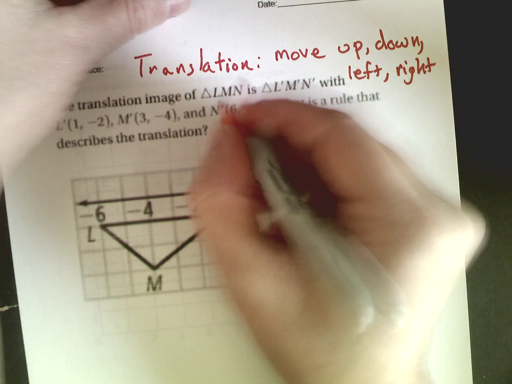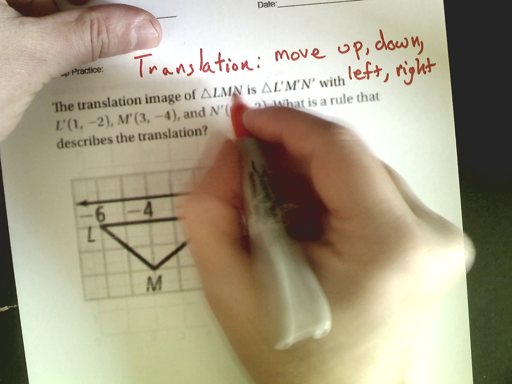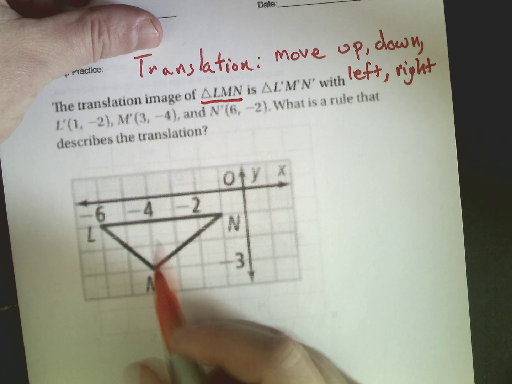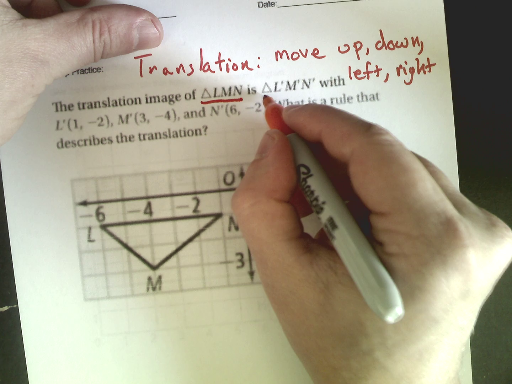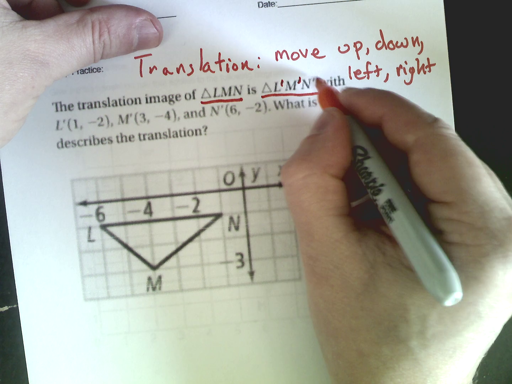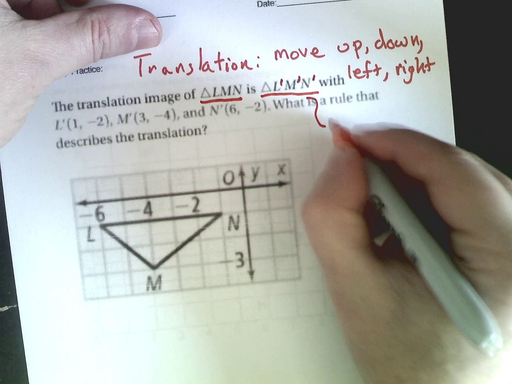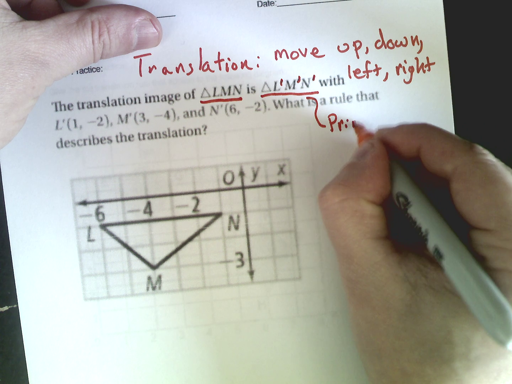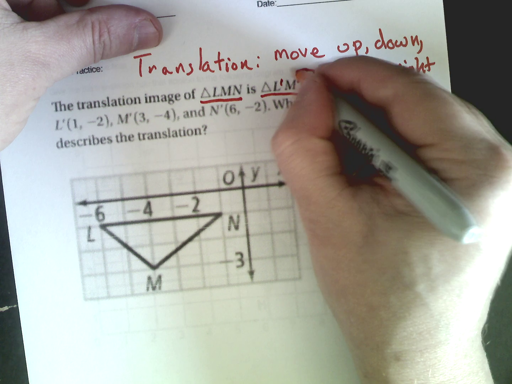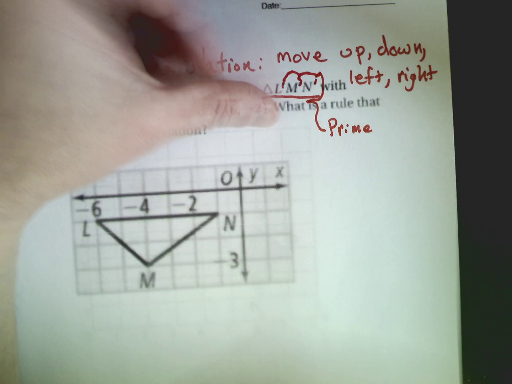First thing I see, the translation image of LMN, which is right here, they give us this image, is LMN, but there's these little marks here, here, and here. This means prime. Those little marks there mean this is the image.